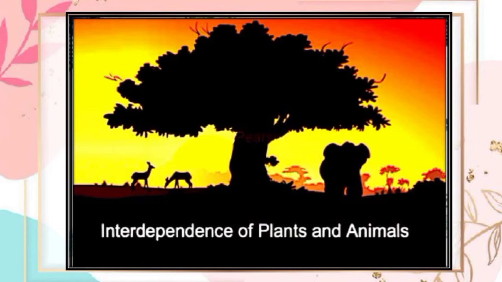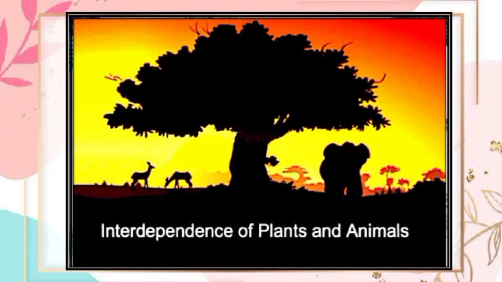This interdependence of plants and animals in a food chain helps to maintain a balance between the number of plants and animals. Thus, if there is a sudden increase or decrease in the number of either plants or animals, the balance in nature will be disturbed.